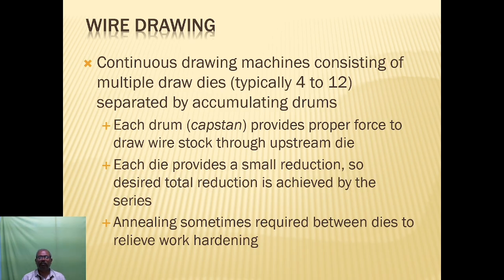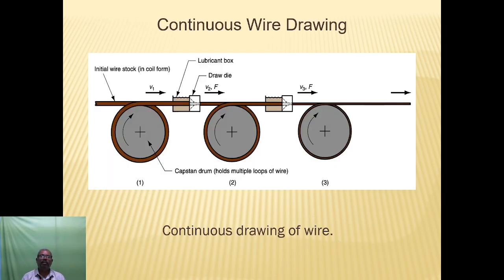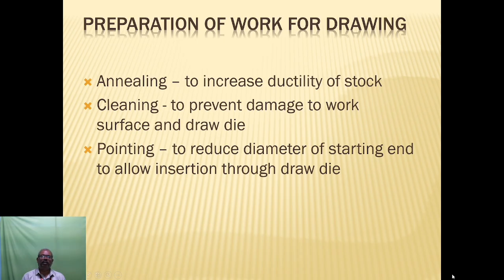Annealing is sometimes required between dies to relieve the work hardening. So this is continuous wire drawing. There are multiple capstans and drums. The initial wire stock is in coil form. It is pulled through the drawing dies. This is called continuous drawing of wire.